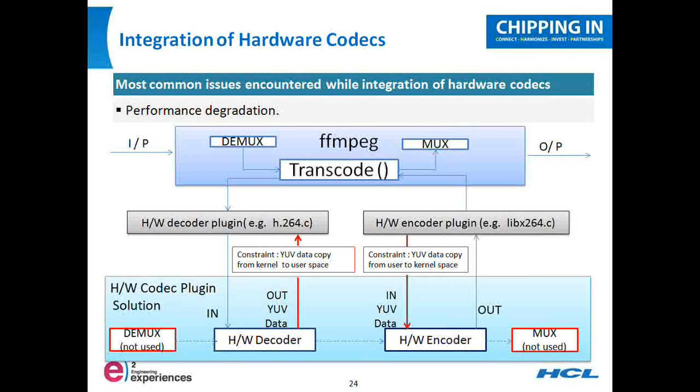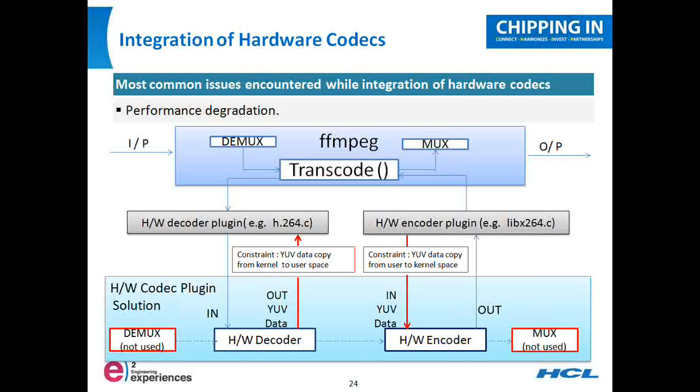So there will be constraints when the decoded data is copied from kernel space to user space, and in the case of an encoder, the YUV data is copied from the encoder plugin to the hardware encoder.